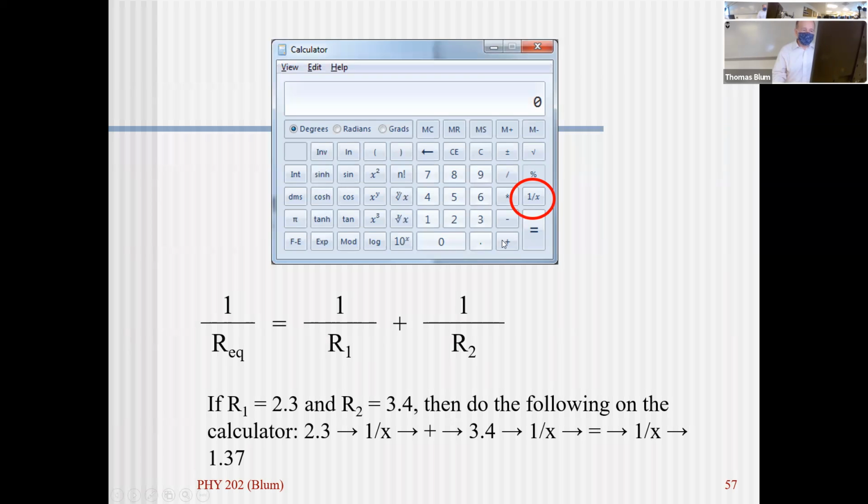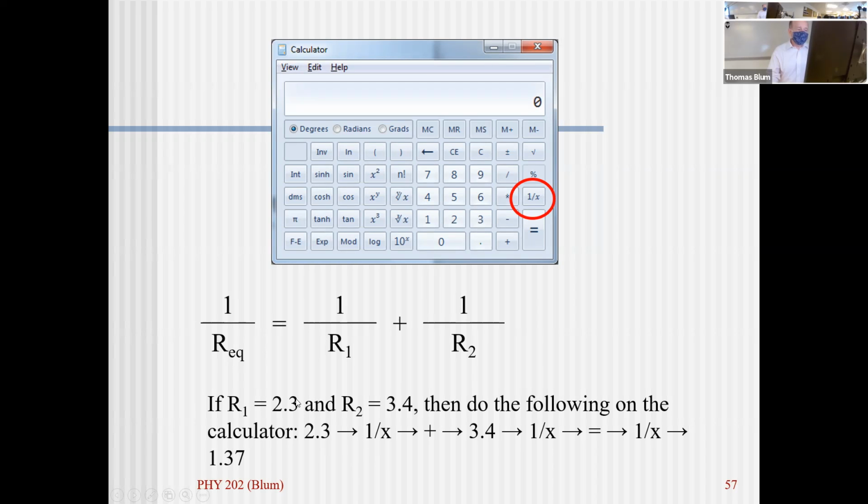Then I can hit my plus button. Then I can hit 3.4 and my reciprocal button. And then I hit the equals to perform the addition. And then I perform one more reciprocal. So the formula has 3 reciprocals, one for R1, one for R2, and one after you've done the sum.